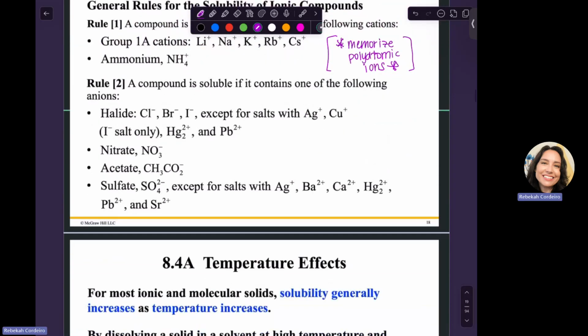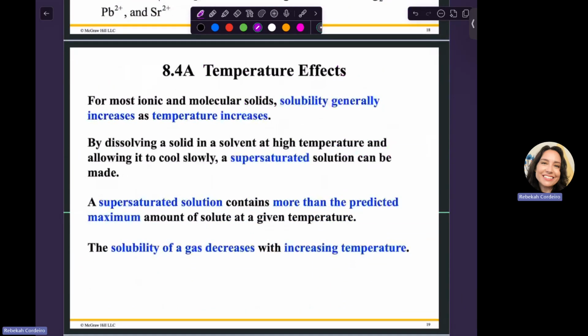And then these things you kind of know already. For example, temperature, right? Generally, in solids, solubility increases as temperature increases. And so that means that you can dissolve more sugar in hot water versus cold water.